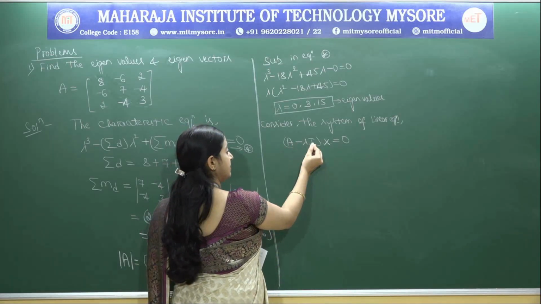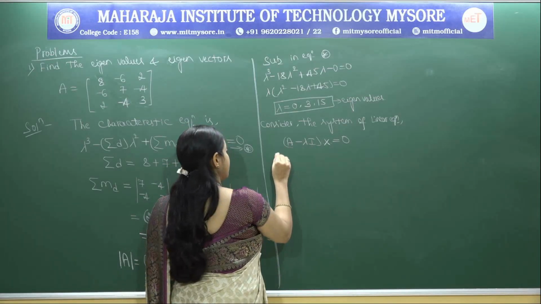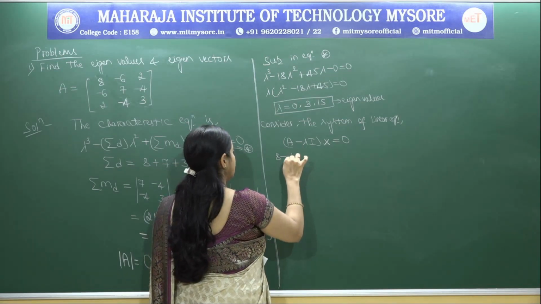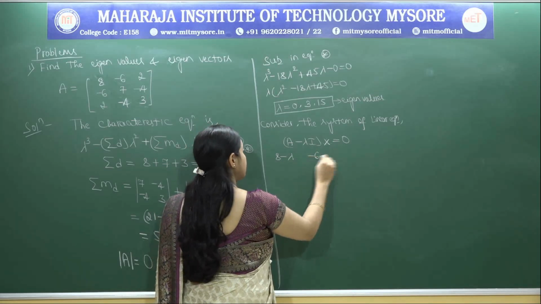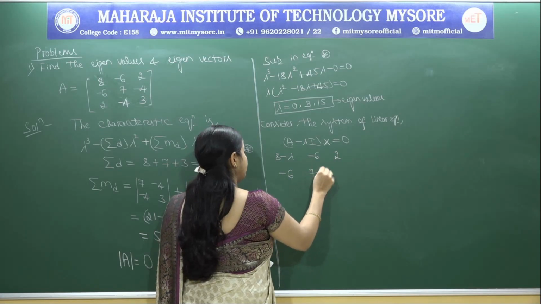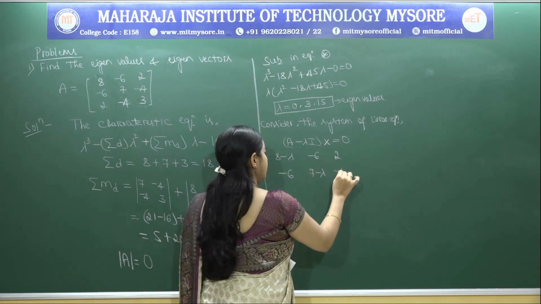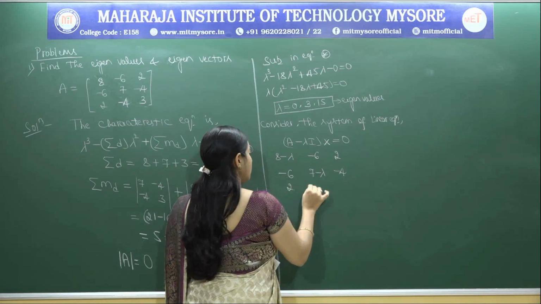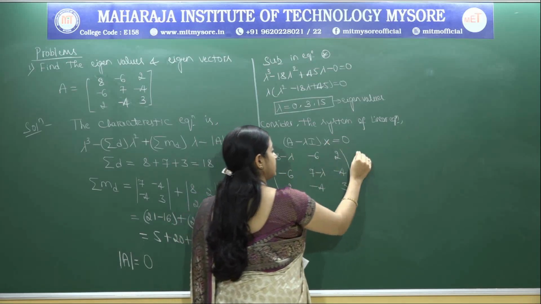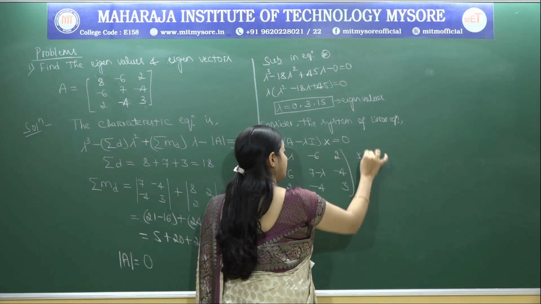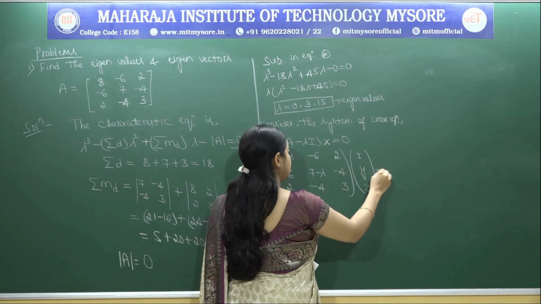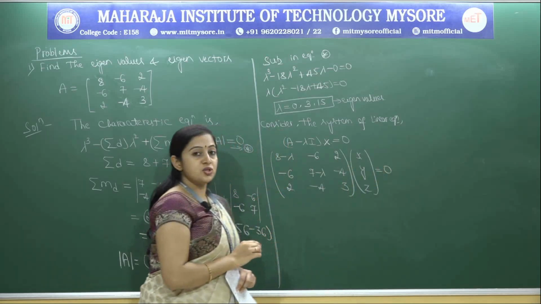So write the first A minus lambda I. The given matrix is A minus lambda, first row: 8 minus lambda, minus 6 and 2; next row: minus 6, 7 minus lambda, minus 4; last row: 2, minus 4 and 3 minus lambda. This matrix is multiplied by the variables x, y and z. Equate this to 0.